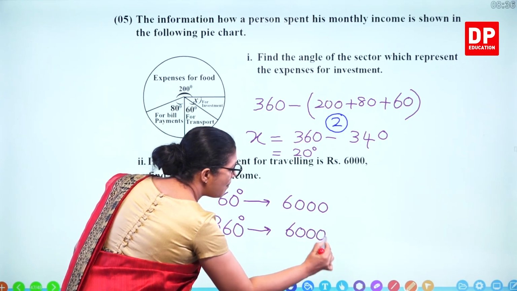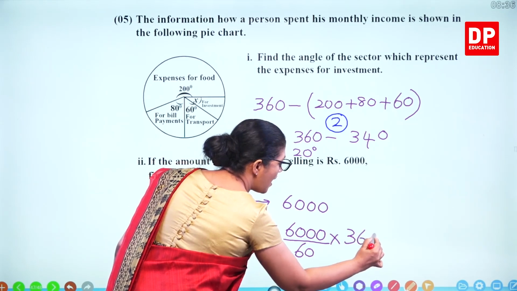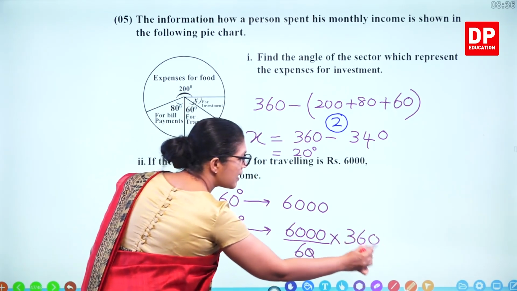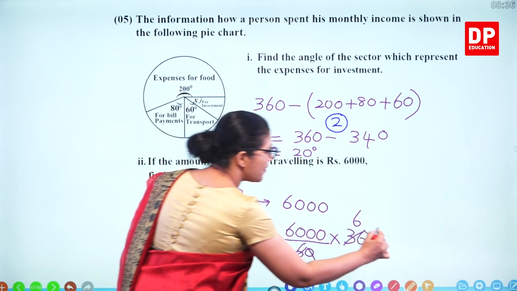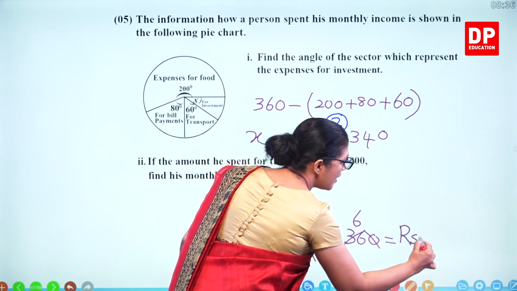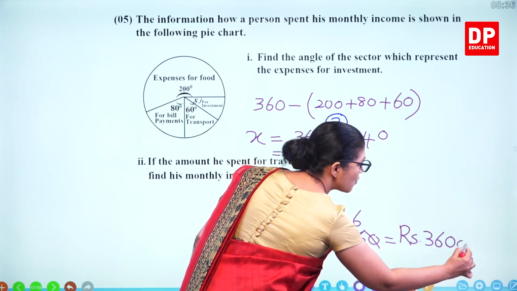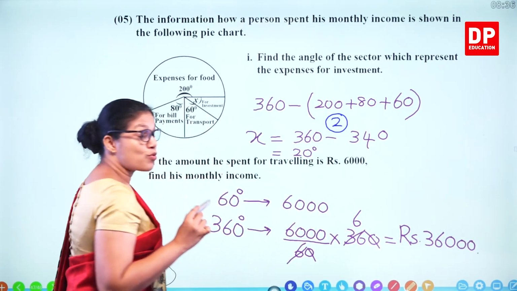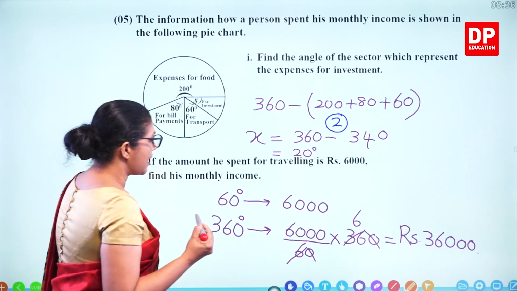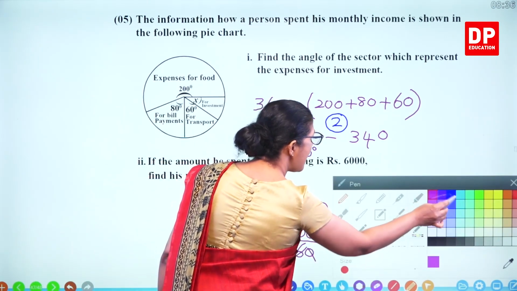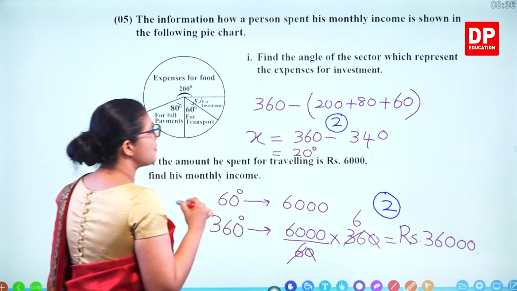You divide by 60 and multiply by 360. So the zeros get cancelled out. 6 with this 6, 6 times 6, 36. So what's the income? 36 with 3 zeros. So 36,000 rupees. So that's the monthly income. So we can give 2 marks for this part.